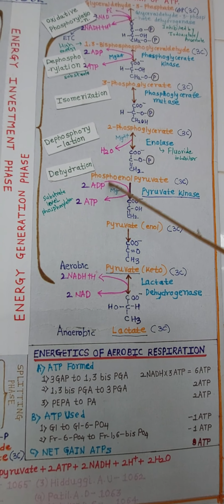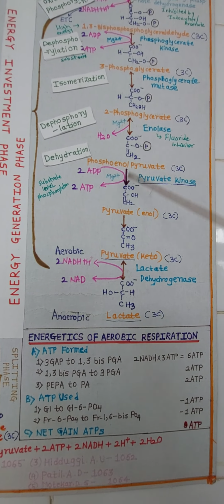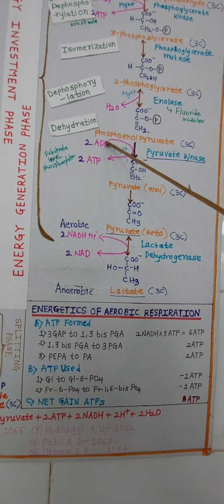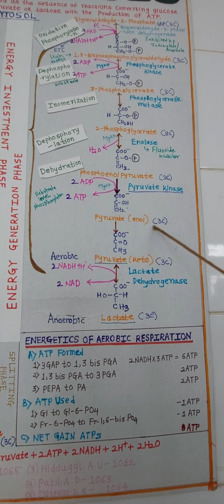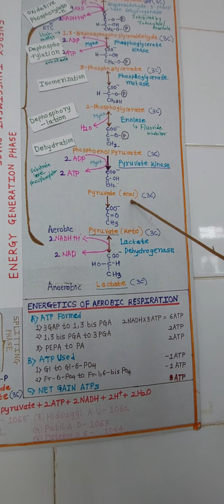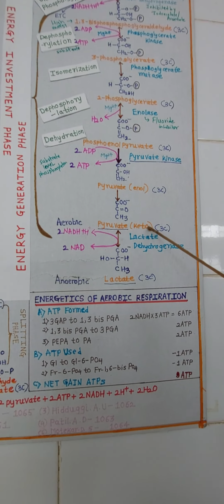That means the phosphate molecule from this phosphoenol pyruvate is removed, and now it is converted to pyruvate, and that phosphate is taken by ADP to convert it to ATP, and the pyruvate, which is a 3 carbon containing molecule, is produced, and the enol, which is unstable, can be converted to the keto form of the pyruvate.